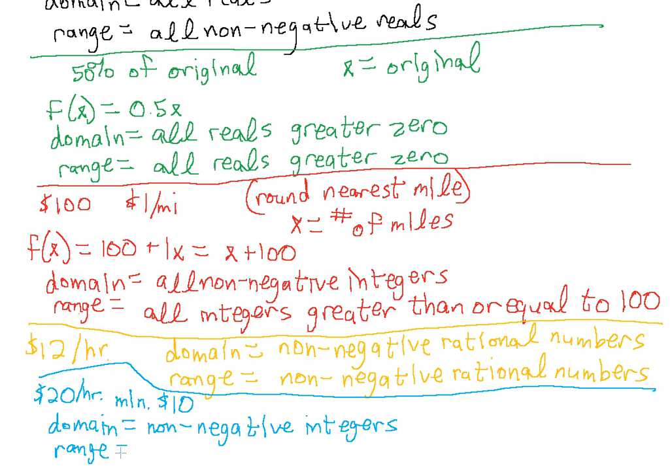Okay, now our range is the amount of money he makes. Our range is going to be the set of all integers greater than 10.